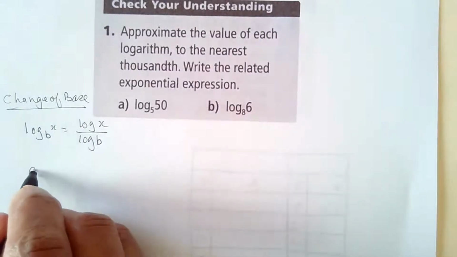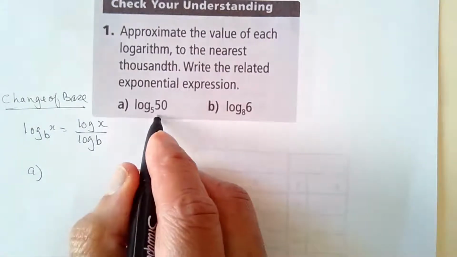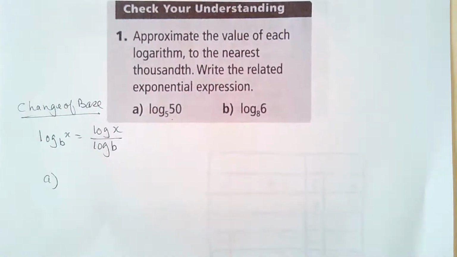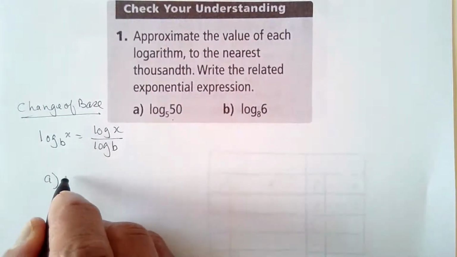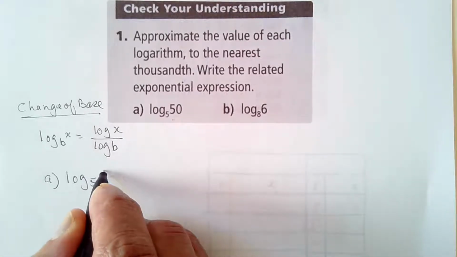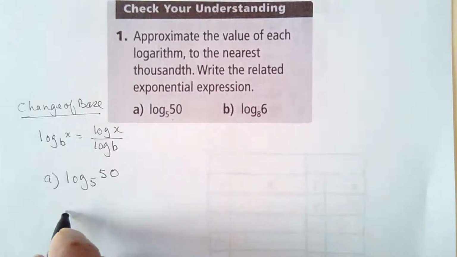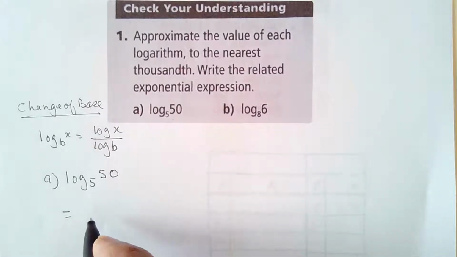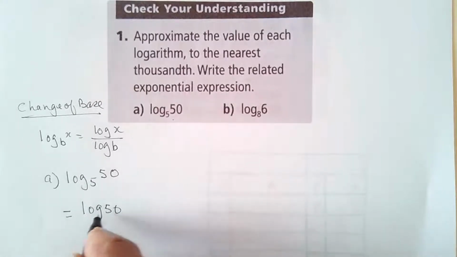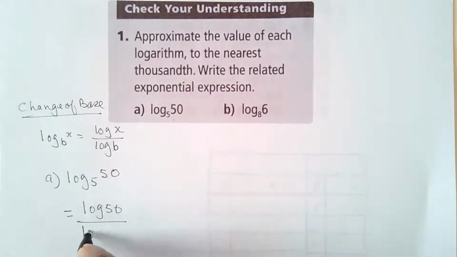Look at a. So log base 5 of 50 will be equivalent to log 50 over log 5.